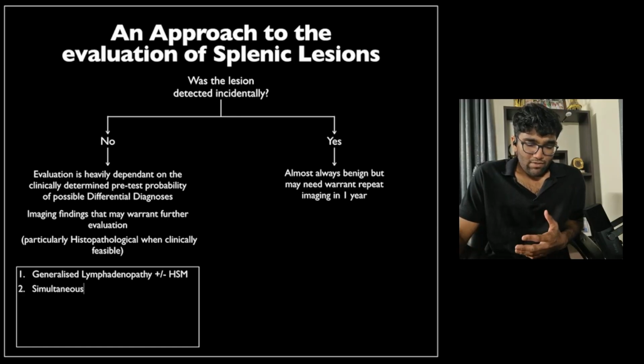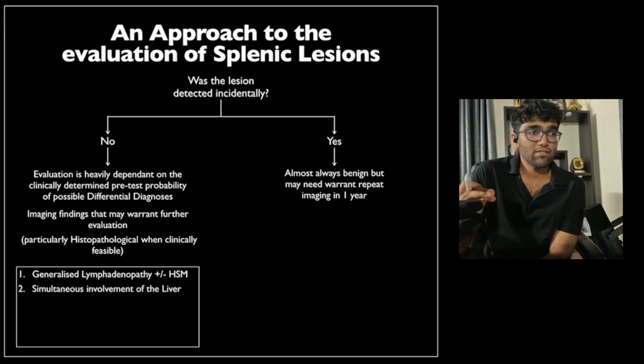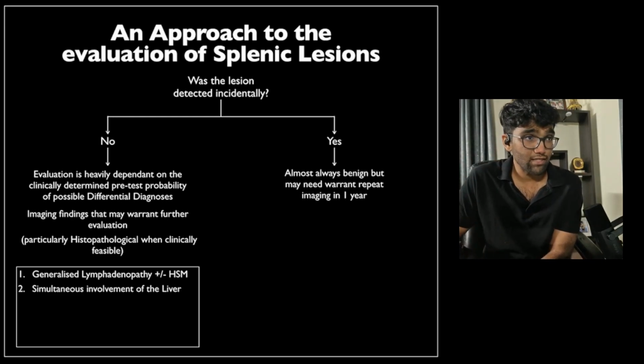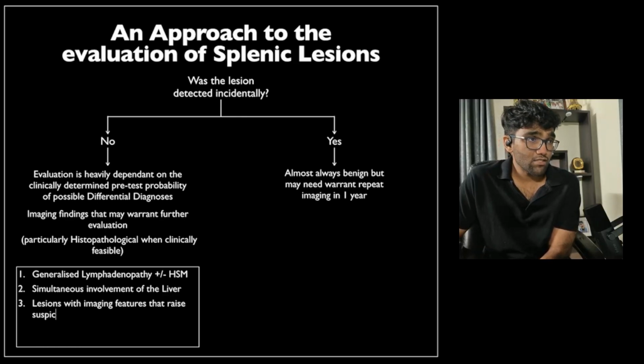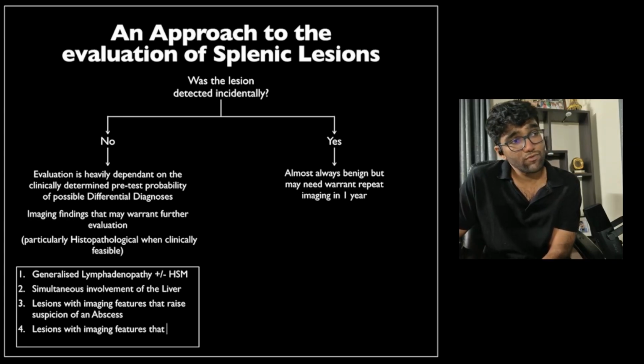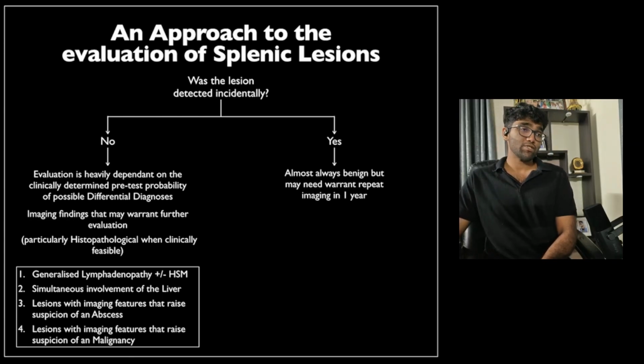Then we have simultaneous involvement of both the liver and the spleen, and like I just mentioned, that helps us as internal medicine doctors narrow down the differential very significantly. Third, we have lesions with imaging findings that are suggestive of infections, or specifically a liver splenic abscess, and then we have imaging findings that raise suspicion of a malignancy.